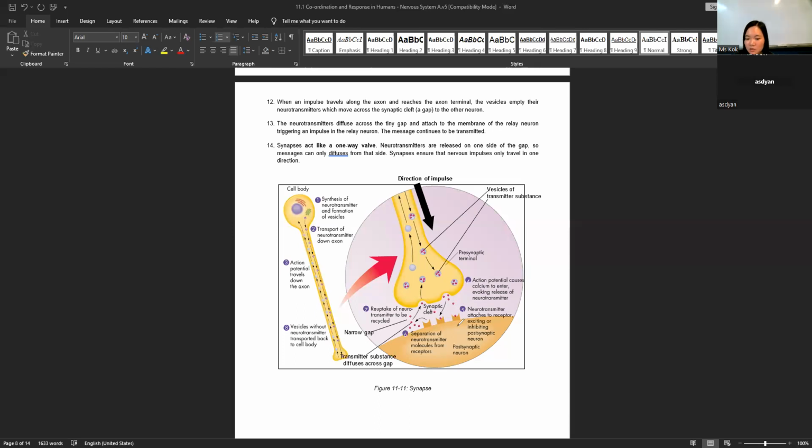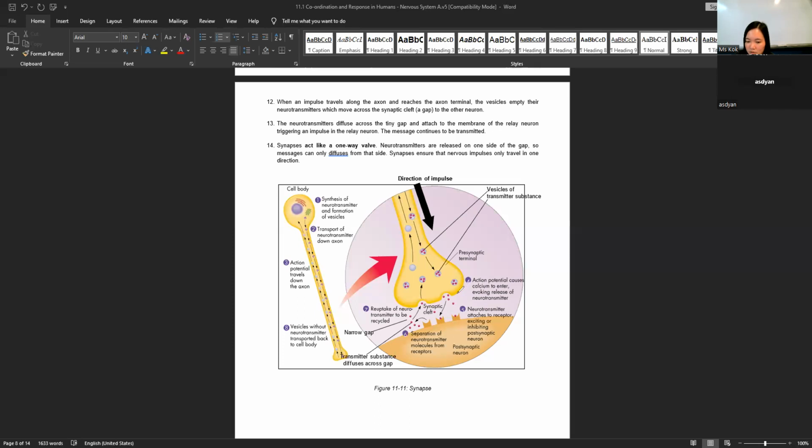So remember I was saying that nerve impulse will travel via electricity and then suddenly it turns into chemical. So here it turns into chemical. Electricity comes in here, calcium moves in, allows the vesicle to diffuse and bind with the membrane.